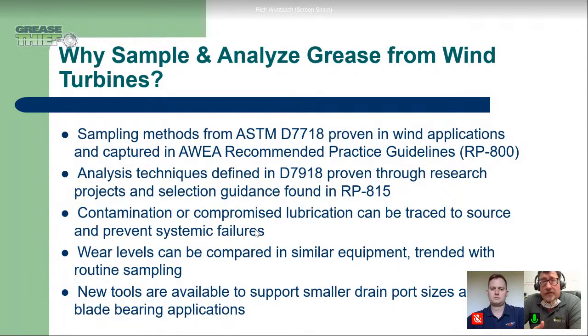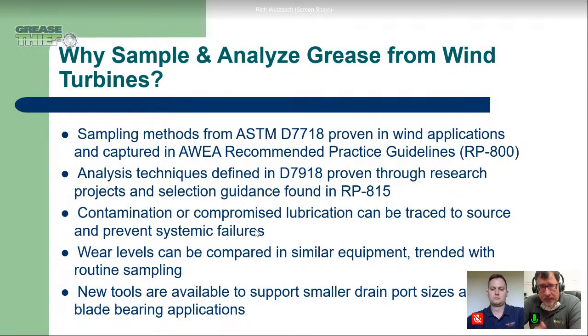There's also analysis that's defined in an ASTM standard. That's D7918. And that's also been proven through the same kind of research and the test selection guidance that we find in a specific standard for grease analysis for wind turbines, and that's AWEA RP 815.